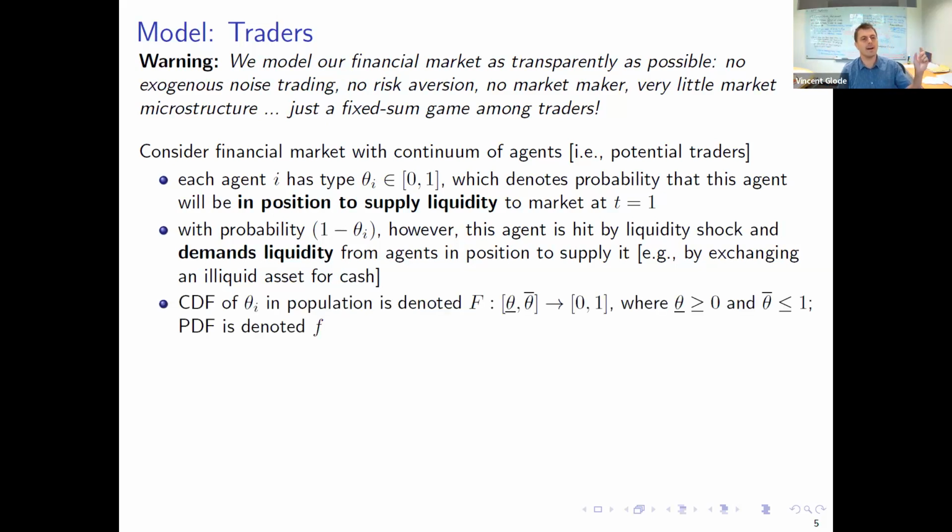So the theta_i, the type, is distributed according to a CDF. And mu, we won't see it much, but it denotes the population mean of theta.